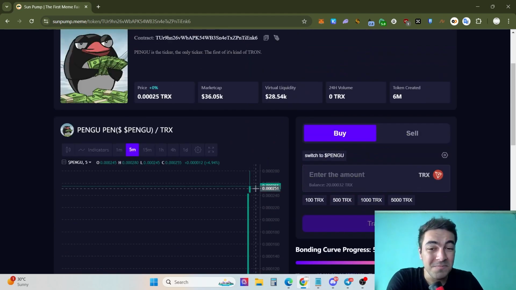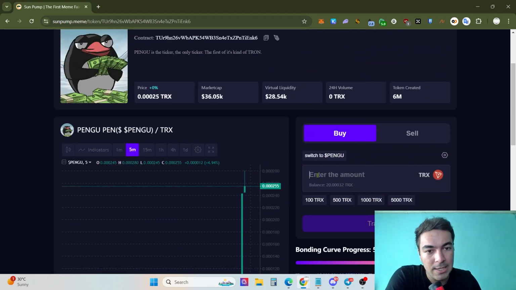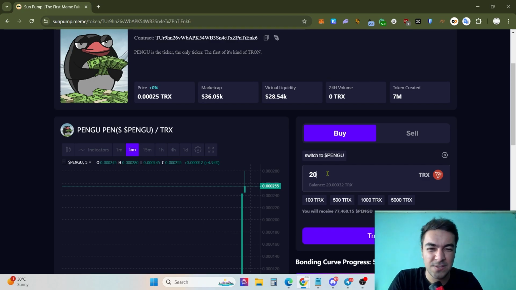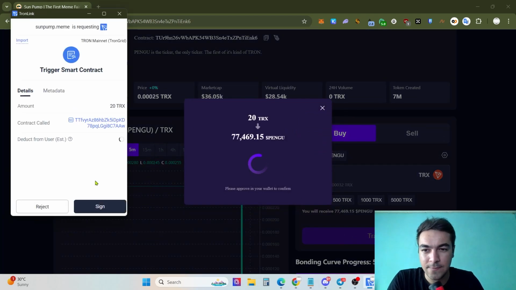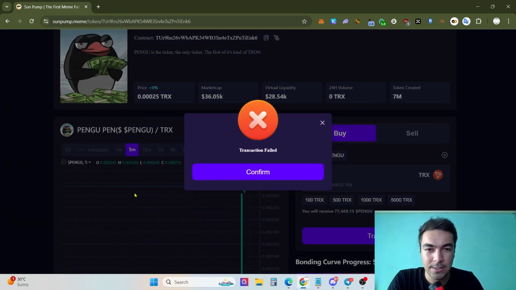Then it looks so good, and if you want to buy, for example, my balance, I don't know when I transferred this TRX, if I'm not mistaken, when inscription hype was happening on the Tron ecosystem, I have just 20 TRX and you will receive 7,000 Pengu tokens. Then wait, sign the transaction.